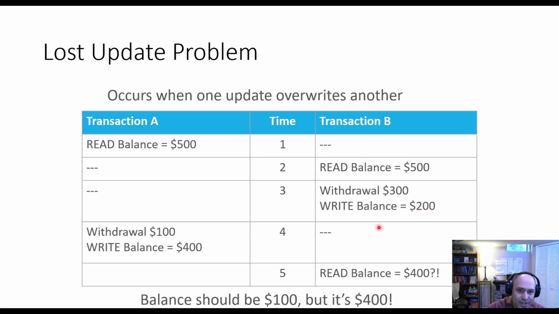So the balance should be 100 because you took out 300 and 100. But now the balance is 400 because it overwrote this other balance. It's called a lost update problem. And this is what happens when you don't isolate your transactions. Okay, if you do not isolate your transactions, you'll get the lost update problem.